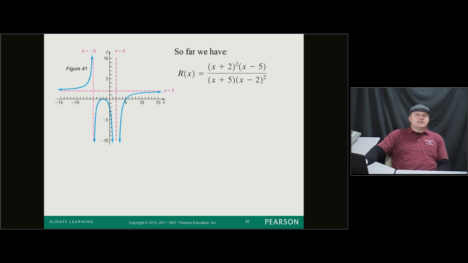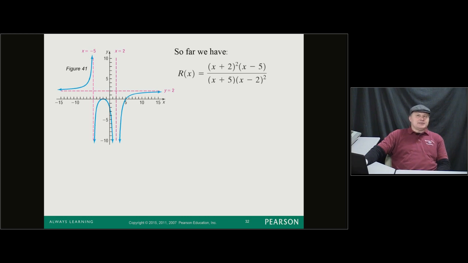So far we have x plus 5 times x minus 2 squared. The reason it's x minus 2 squared instead of just x minus 2 is because it's going in the same direction on both sides of the asymptote. But x plus 5, which gave me the -5 asymptote, has an odd multiplicity.